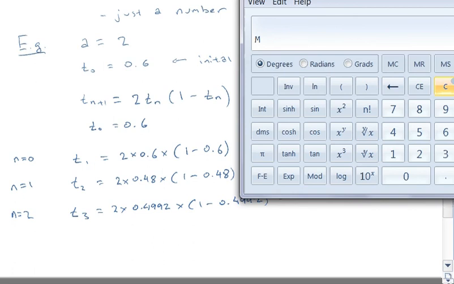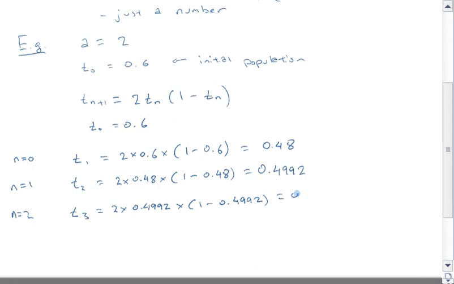So 2 times 0.4992 times 1 minus 0.4992 is 0.4999872. So that's 0.4, 4 nines, 872.